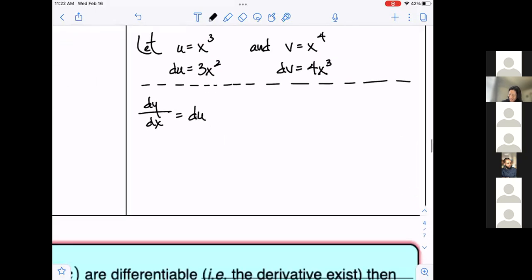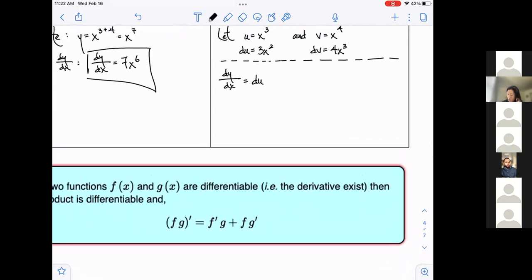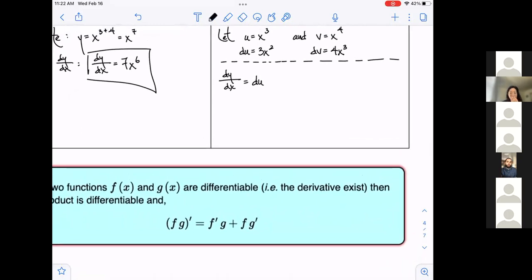All right. So we have du. That's in place of the f prime. What do we write in place of the g? V. Okay. So du times v plus u times dv.